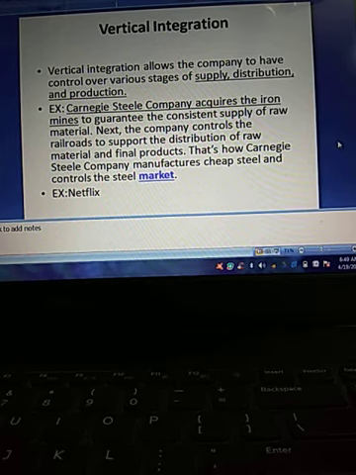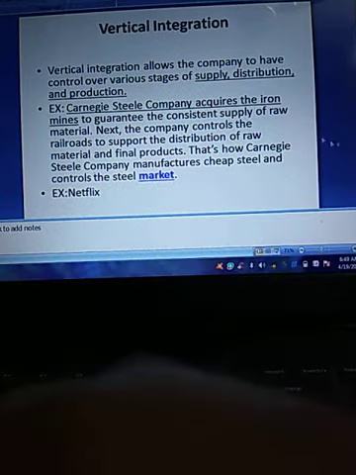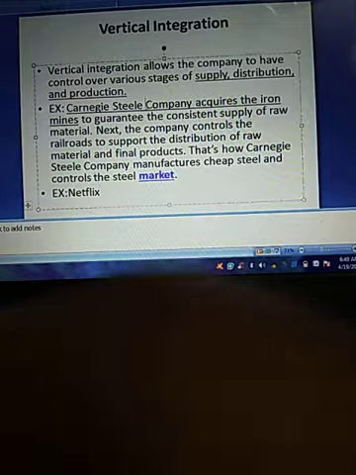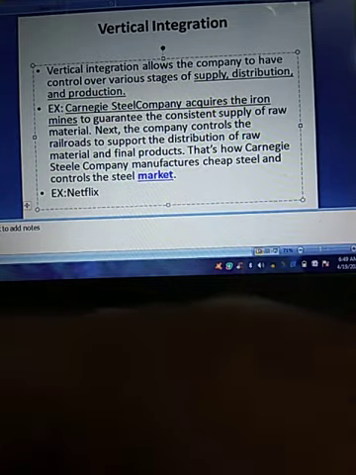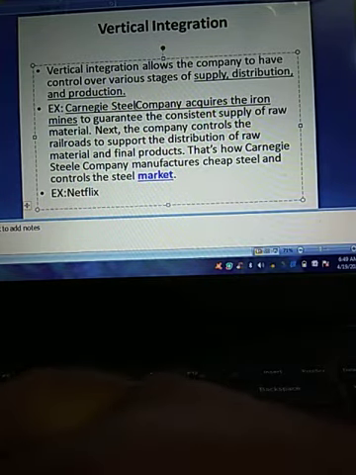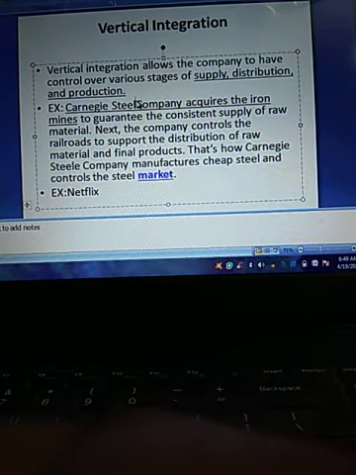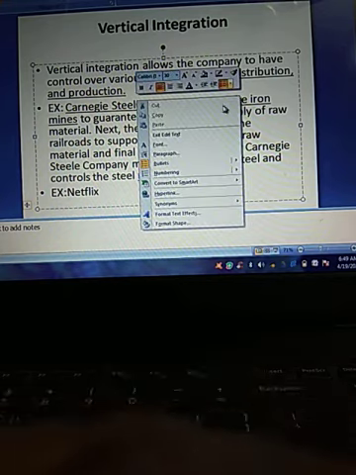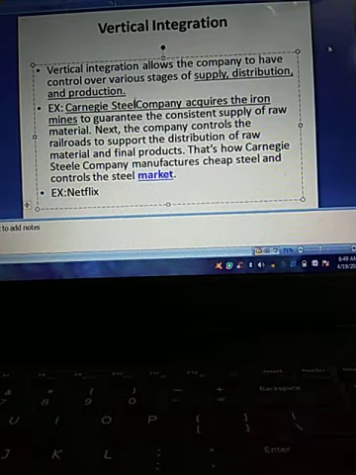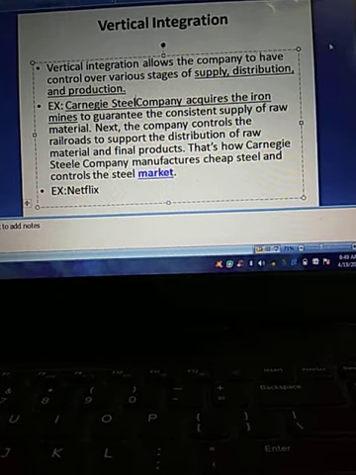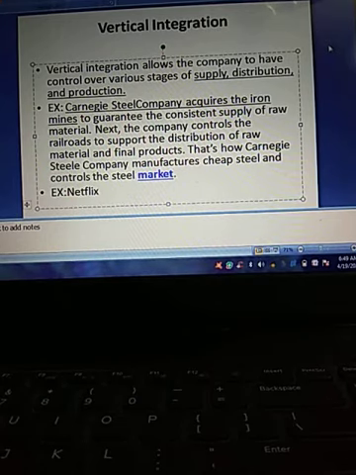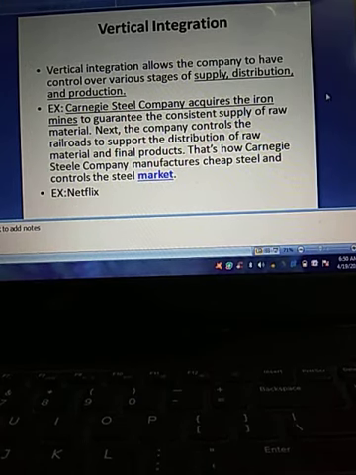Carnegie Steel Company acquired the iron mines to guarantee the consistent supply of raw materials.